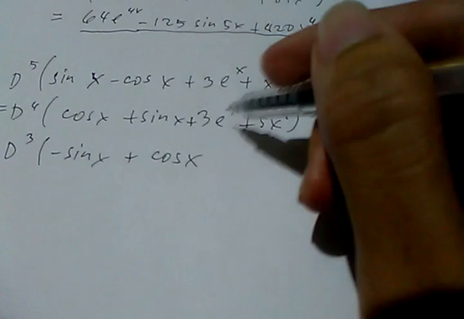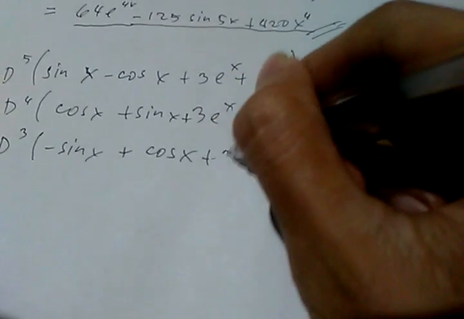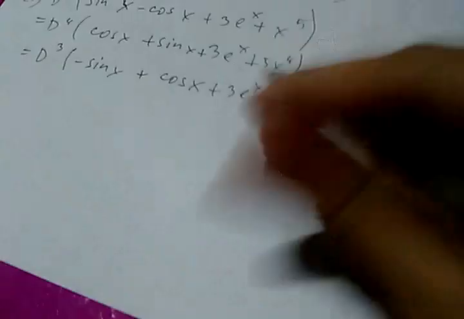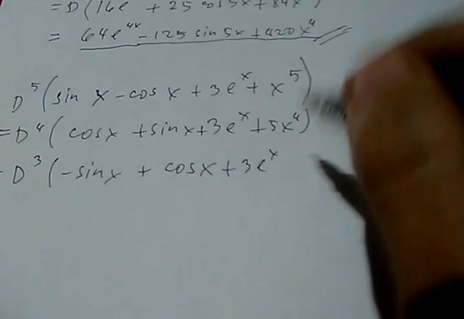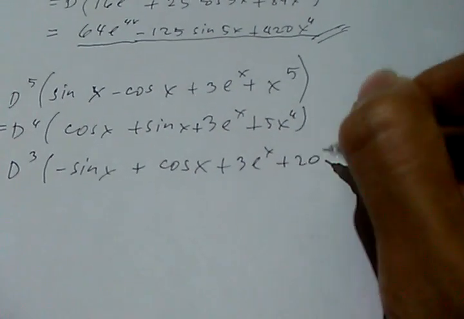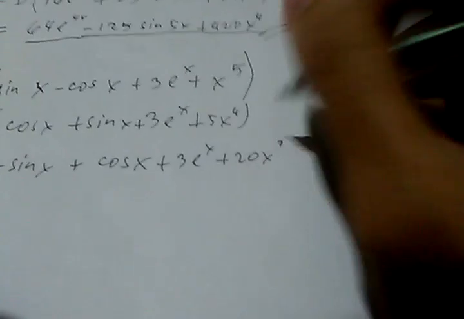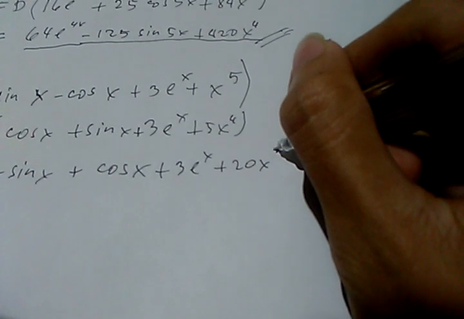The derivative of 3e raised to x equals positive 3e raised to x. Then for 5x raised to 4, its derivative is positive 20x squared. Nope, it's cube.